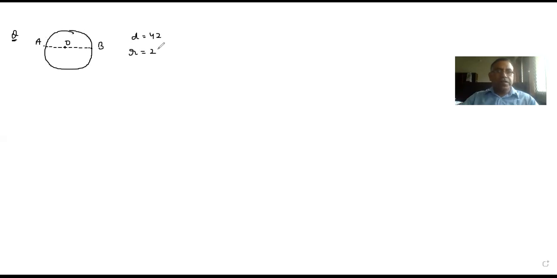So radius is equal to 21 centimeter. If an arc subtends an angle 60 degree at the center, this angle is 60 degree. Find the length of the arc.